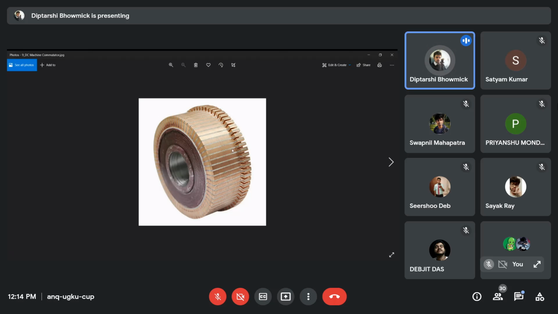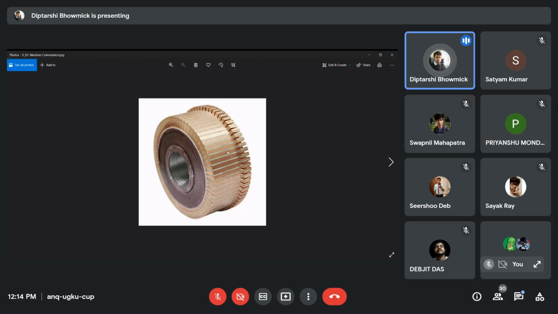If that mica insulation is undercut, then you find a groovy structure as you move your hand on the commutator, because the mica separator, if undercut, is beneath the level of the commutator bar. So your hand will feel a groove at that point, and where the commutator bar is, your hand will feel a raised thing.